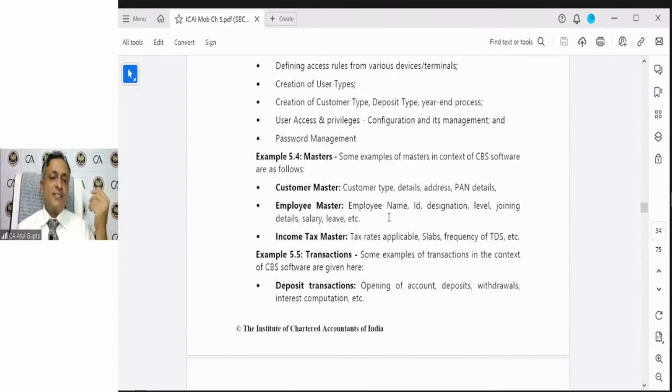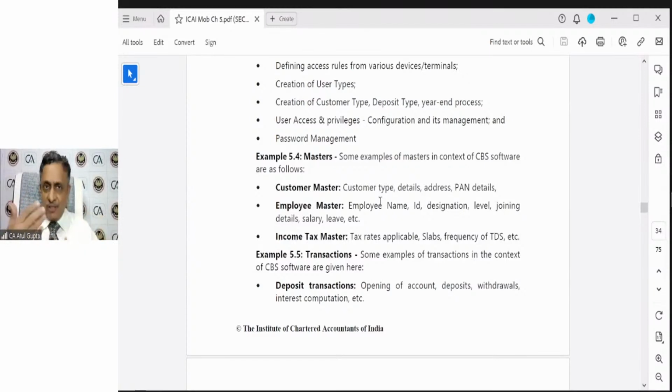Then you come to masters. Masters can be customer and employee masters. When you say customer for a bank, there are two types: customers who deposit in the bank and customers who take loans from the bank. So here, when you say customer master, you can break it into two parts: deposit customers and advance customers.